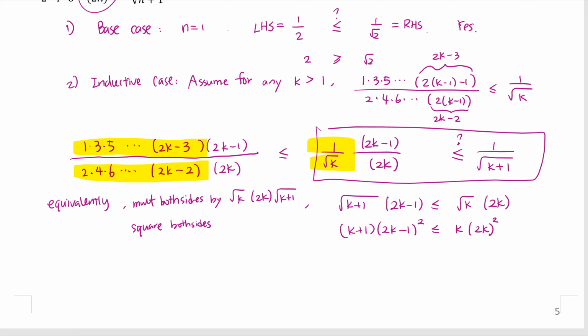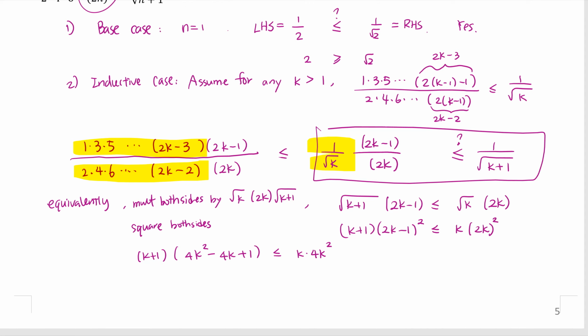What is this? (k plus 1) times (4k squared minus 4k plus 1), less than or equal to k times 4k squared. Now let's multiply everything out.